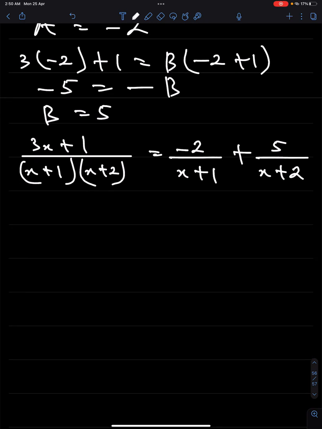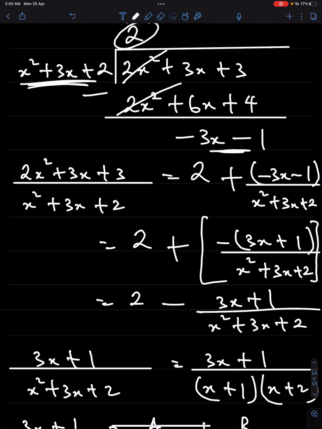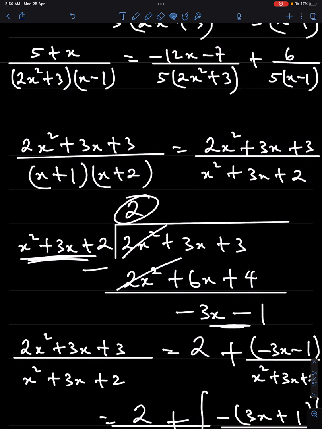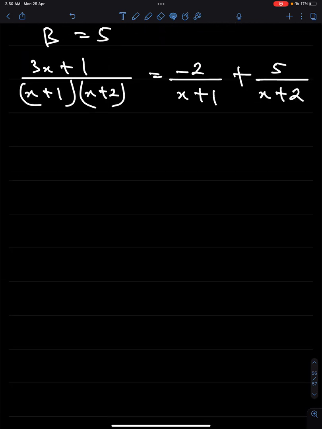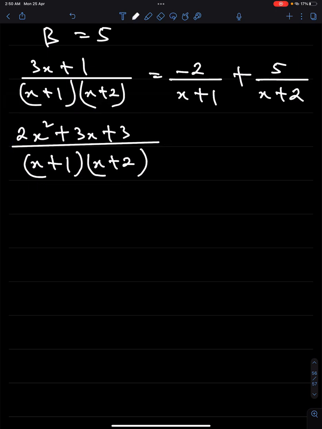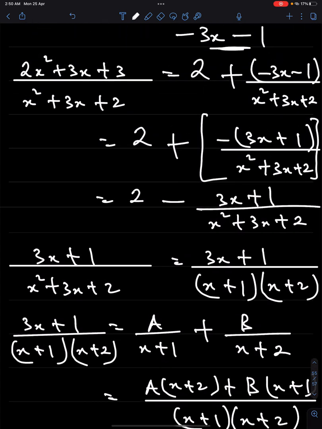Now, we can say the original equation, which is an improper fraction, is equal to, because I remember that when I reduced it to a proper fraction, I got this.